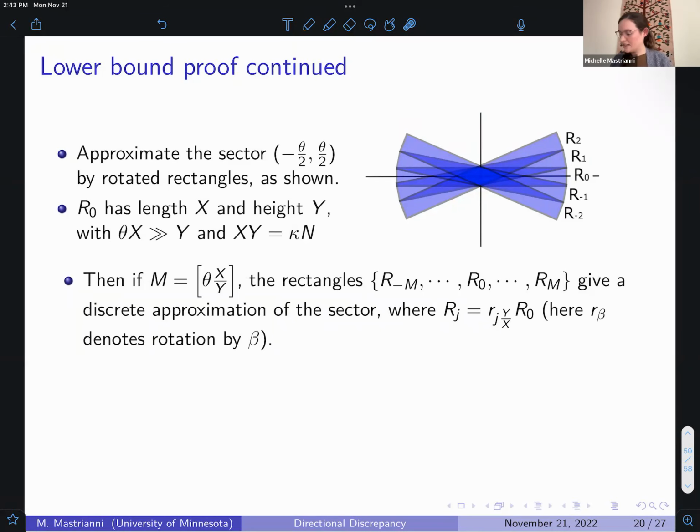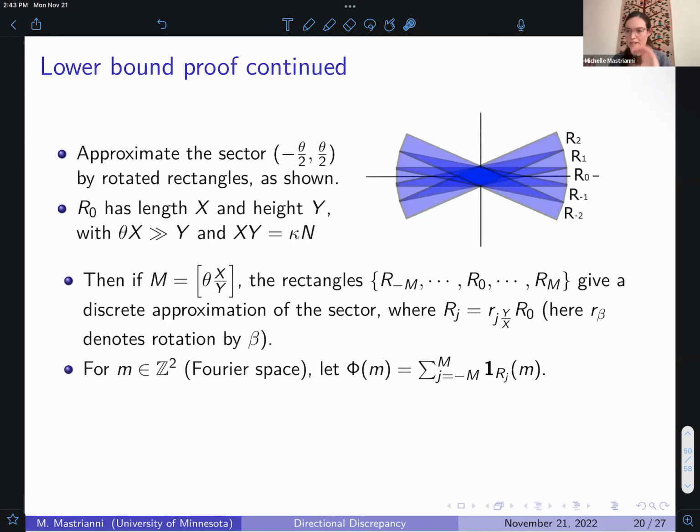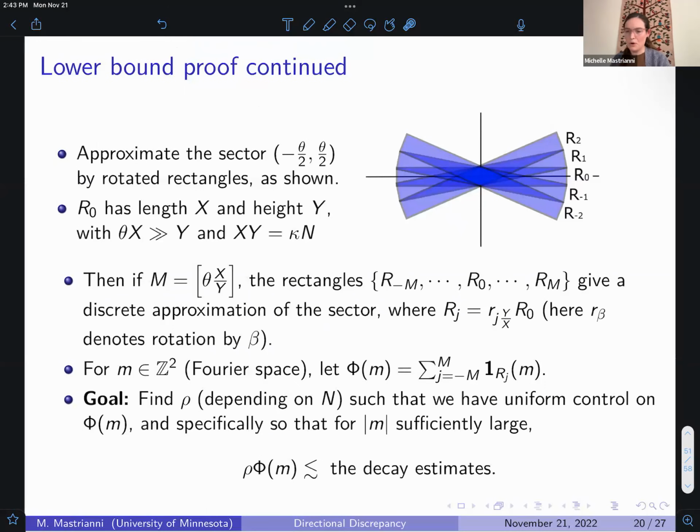And then the idea is that for lattice points in this discrete Fourier space, we keep track of how many rectangles each lattice point lies in. The goal is to find some uniform constant rho, depending on the number of points n in your point set, such that we have uniform control on this counting function phi.